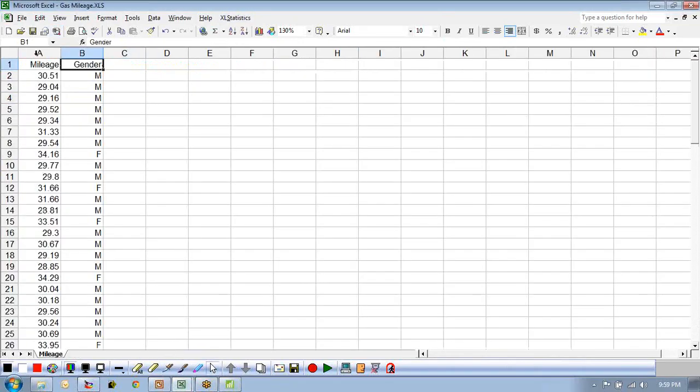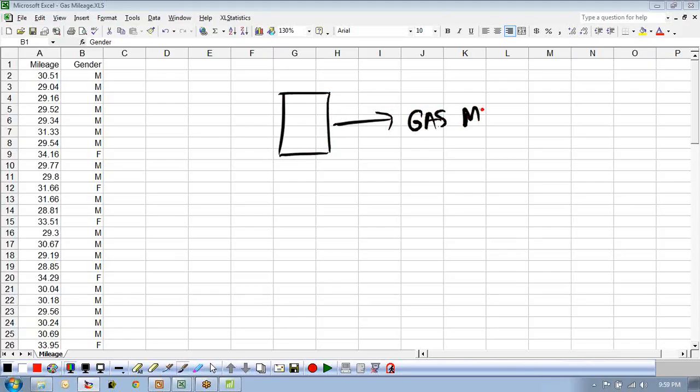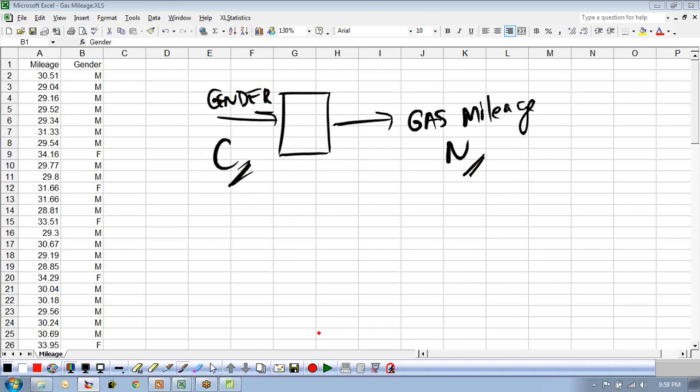There's Excel statistics. So you'll notice in this case we've got, let me draw the box. In here we've got gas mileage as our key output. And our key input here is gender. And gas mileage is a number. And gender is a cat. All right?